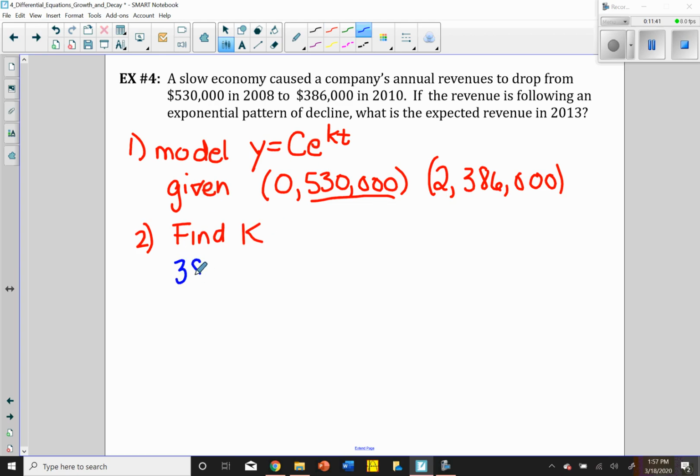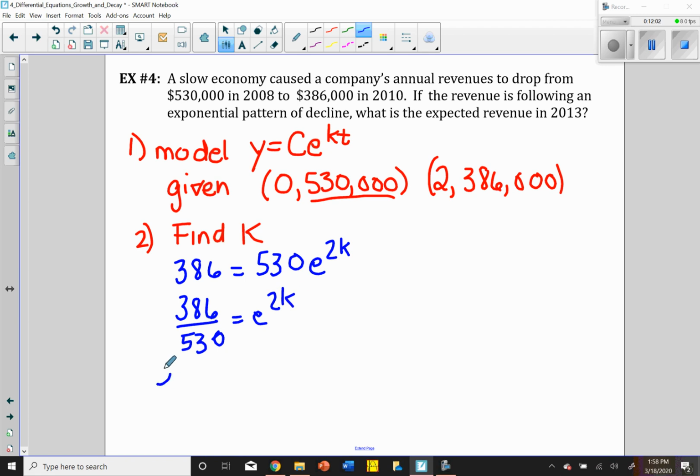So we have 386,000 is equal to 530,000 e to the 2k. 386 divided by 530 is e to the 2k.